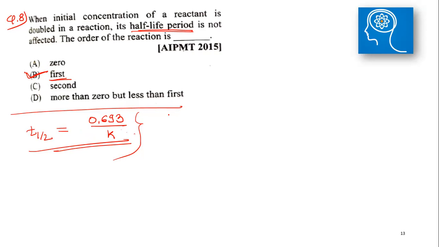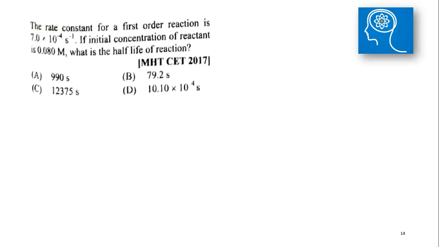Now next question. Question number 9. The rate constant of the first order reaction is given to you. If the initial concentration of the reactant is given to you, and the rate constant is given to you, what is the half life?